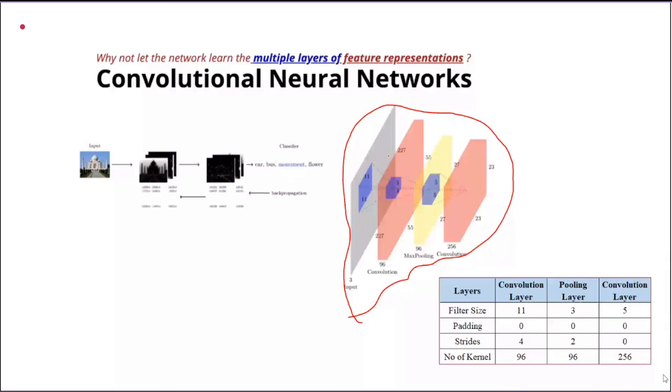You have an input layer, convolution layer, max pool layer, and convolution layer. Finally, tell me how many learnable parameters are available in this particular network.